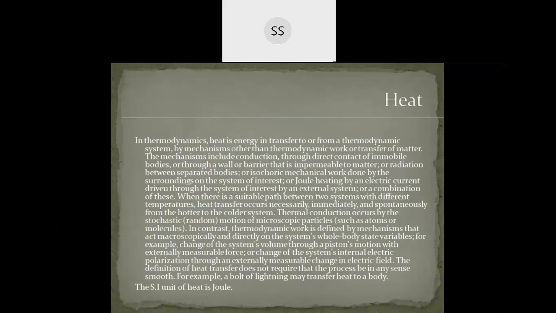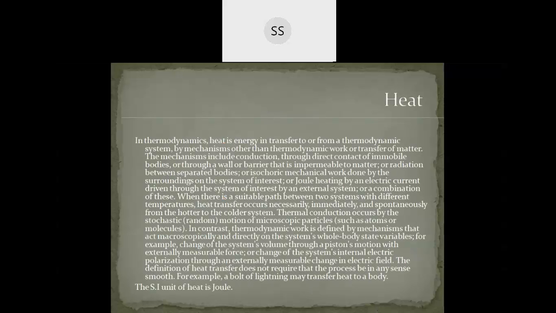Okay, so heat. Basically, heat is a form of energy, and it can be easily transferred from one body to another.